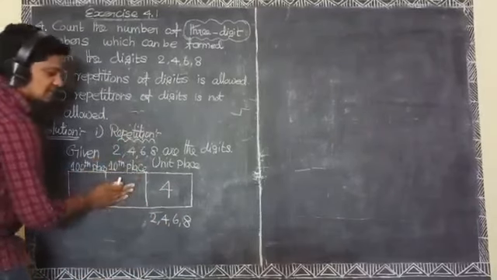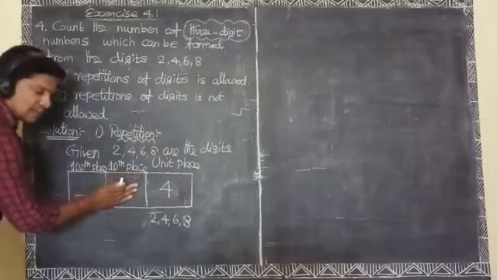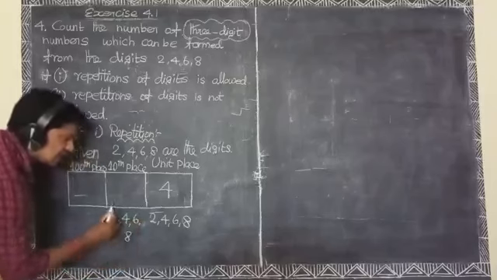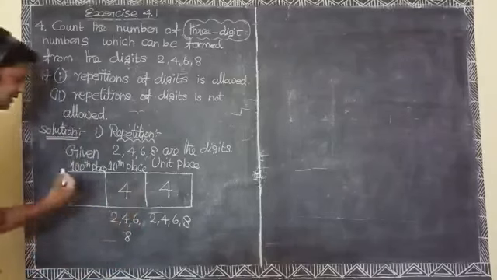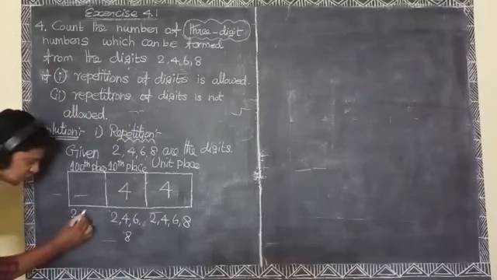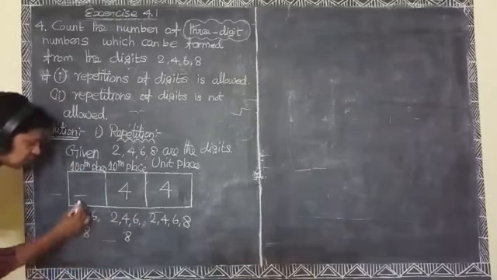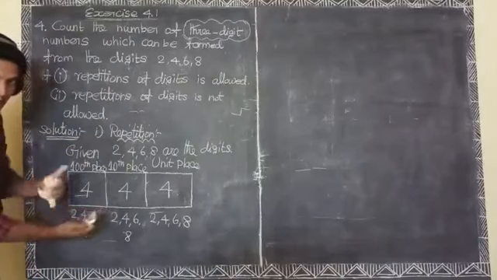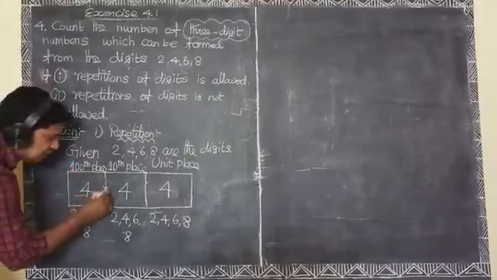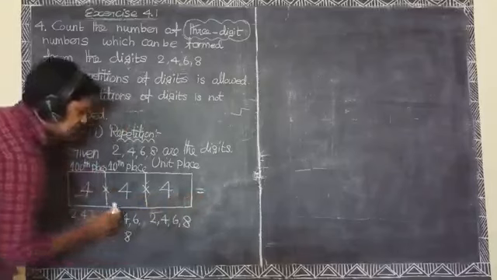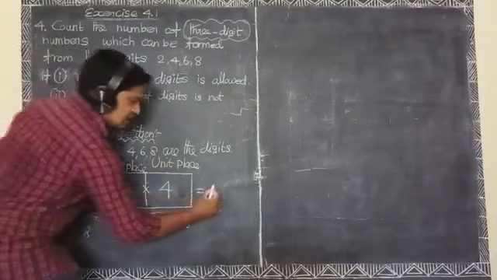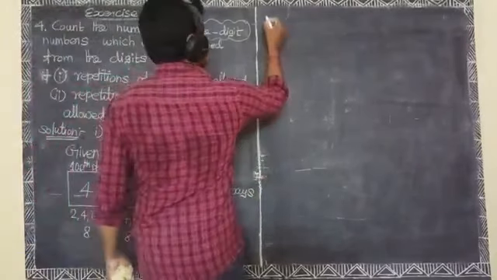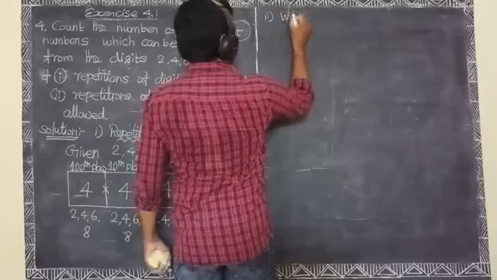Repetitions are allowed, so the tens place can also be filled with 2, 4, 6 and 8, 4 ways. The hundreds place is also 2, 4, 6, 8, totally 4 ways. Repetition means using the digits more than once. So 4 into 4 into 4: 4 into 4 is 16, 16 into 4 is 64 ways.